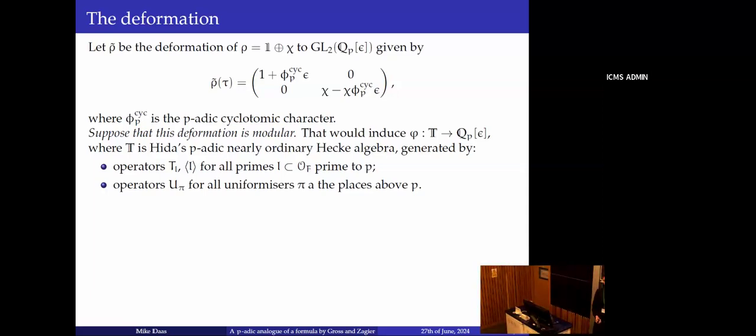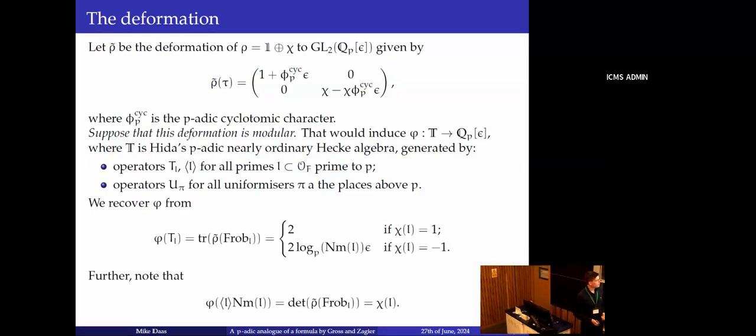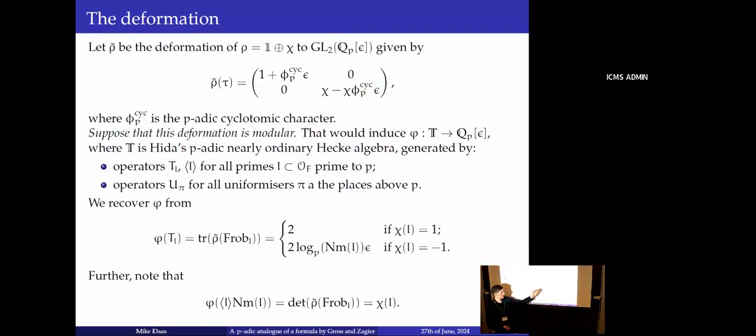So I can't just work with ideals. But okay. Let's just focus on what happens away from P. What is the image of T_L? I just take the trace of Frobenius, and I get two cases. Either it's 2 or it's this infinitesimal part, and I get the image of the diamond operator by taking the determinant.